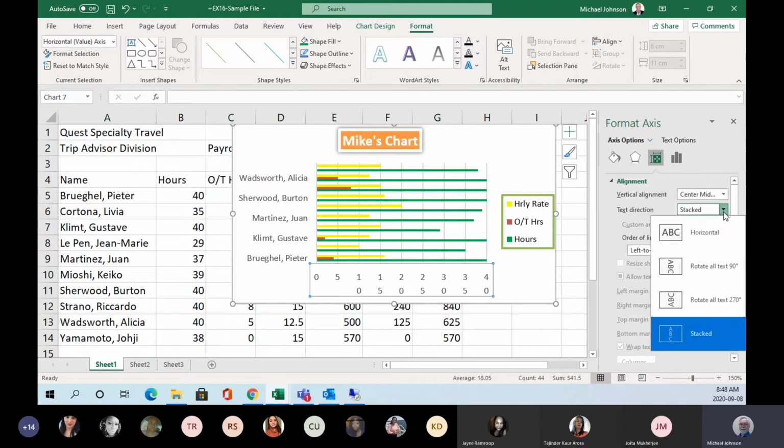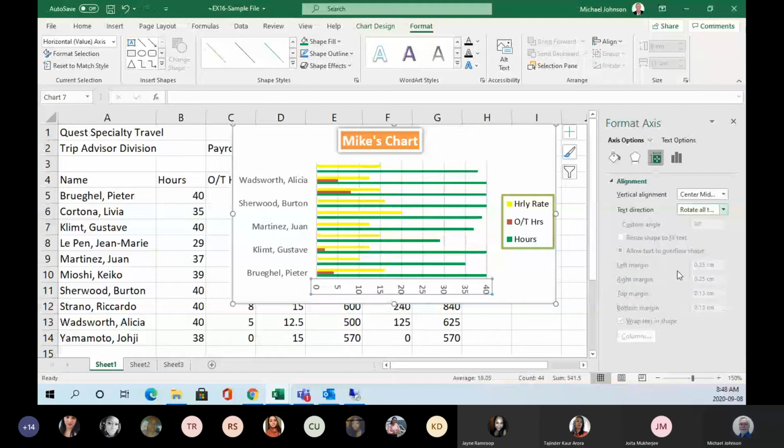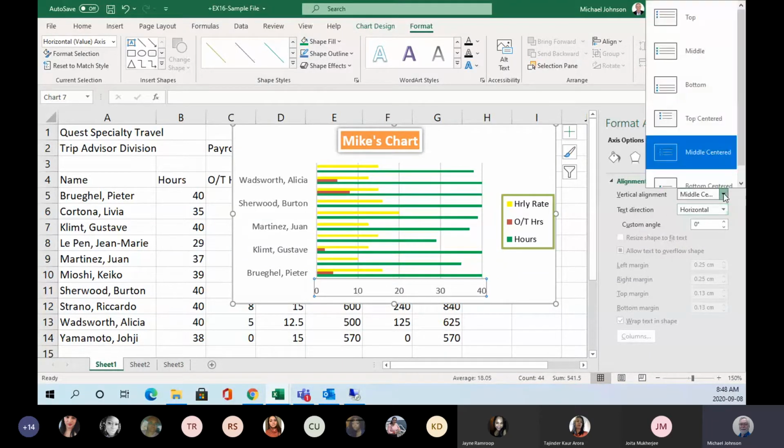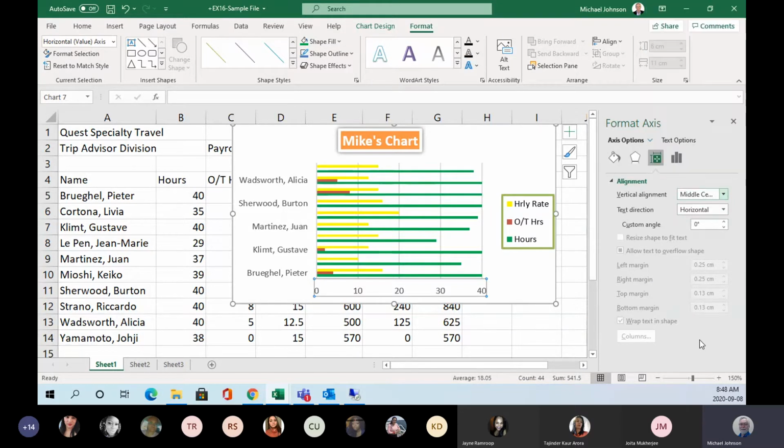And if stacking isn't so good, maybe what I want to do is put it this way. Okay, so it's now 10, 15, 20. And what if I want to make it horizontal again? Well, there it is, horizontal. And of course, the alignment, I can align it anywhere I want it to be. So once again, you really do have a lot of capability here.